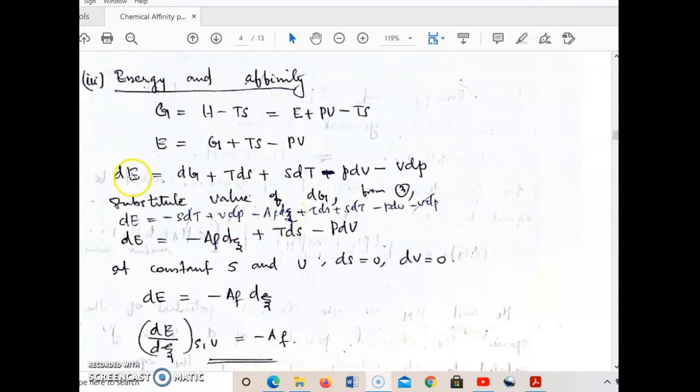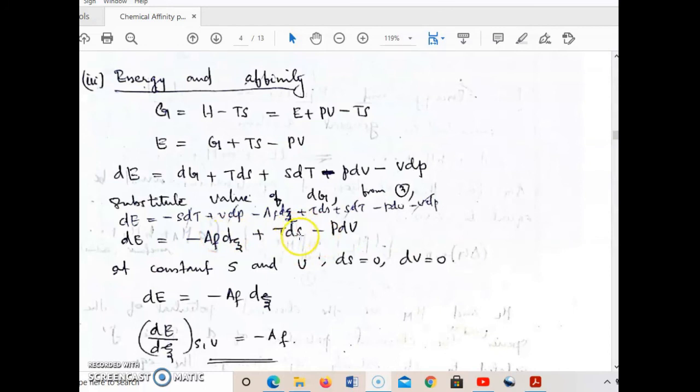So our equation for internal energy change, dE, becomes equal to minus SdT plus VdP minus AF d theta plus all these remaining terms, plus TdS plus SdT minus PdV minus VdP. And here we have plus and minus VdP terms, plus and minus SdT terms, and they cancel out. So we have dE is equal to minus AF d theta plus TdS minus PdV. And we need only these terms here.